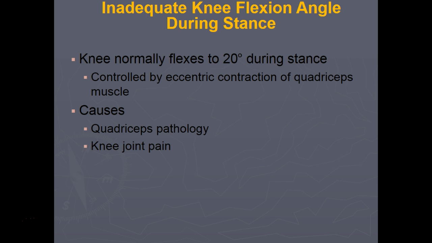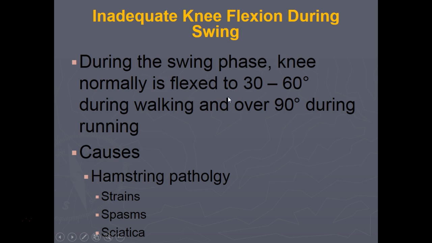Part of that is because the patella is making the least amount of contact in the patellofemoral joint, so it reduces the contact forces across the knee joint. That's one reason you might see a little more knee extension than flexion in a patient who has a quadriceps pathology or some type of knee joint pain.